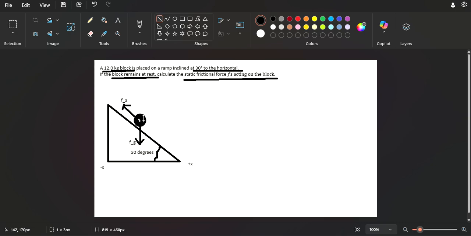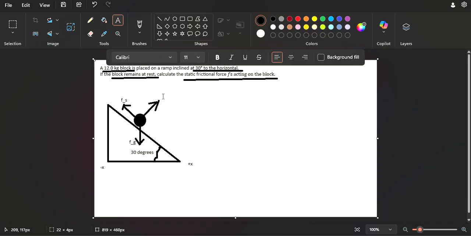Sorry, it's perpendicular, so it'd be this way. And now we label it F subscript N. Okay, and now we have drawn a free body diagram.